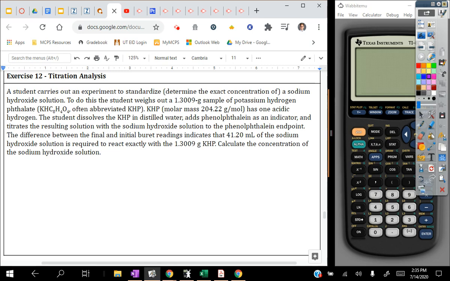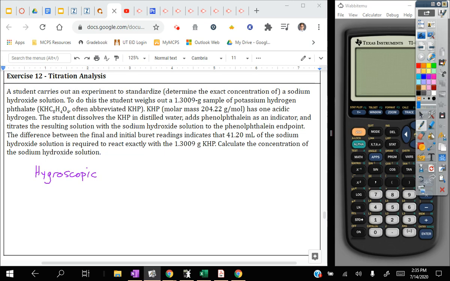First, let's discuss why we need to do this. There is a vocabulary term that describes the nature of solid sodium hydroxide when we go to measure it. The term is hygroscopic. Sodium hydroxide is hygroscopic, which means that in the solid form, it absorbs water from the air.